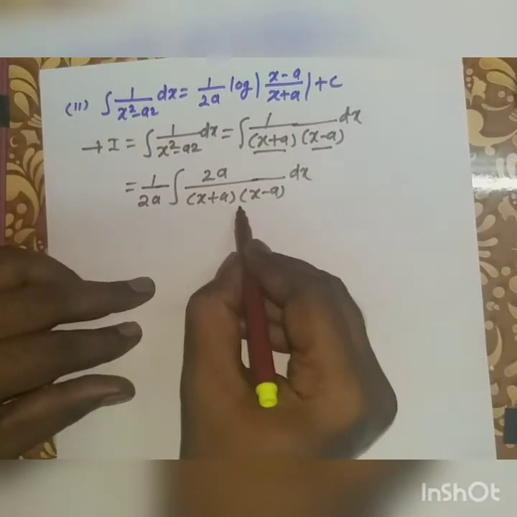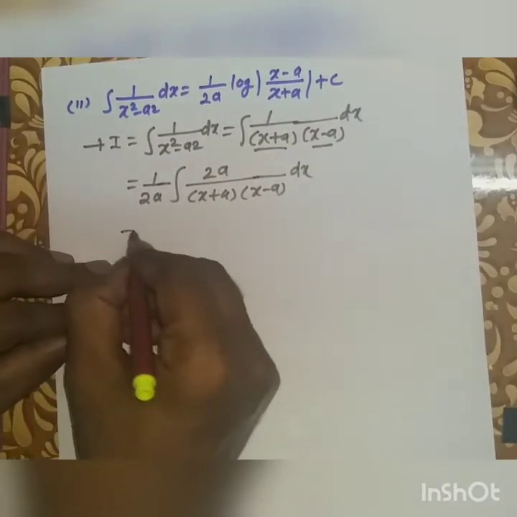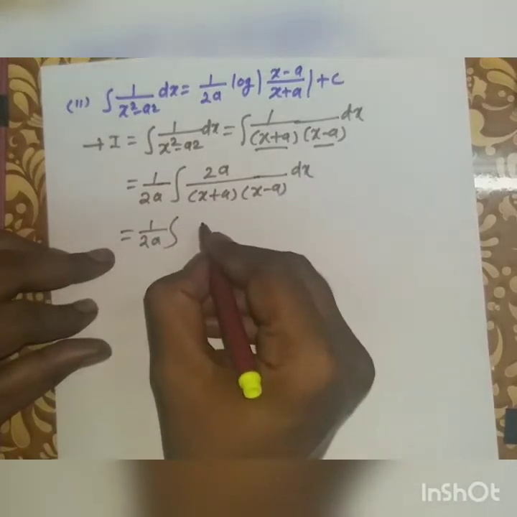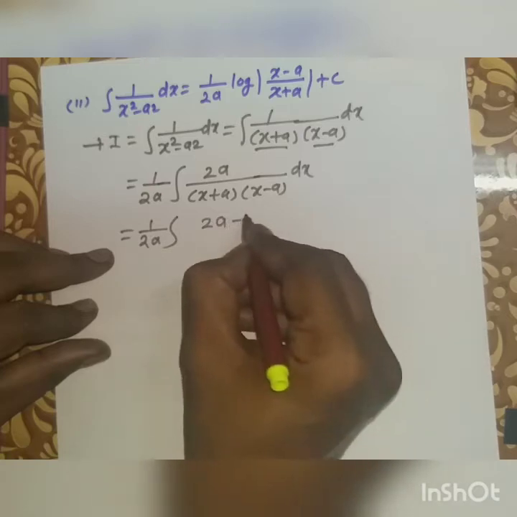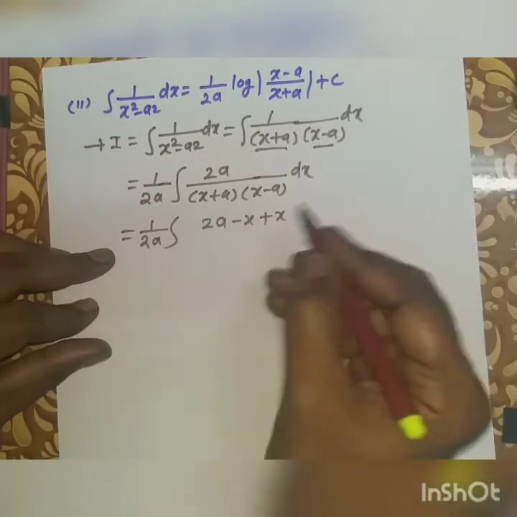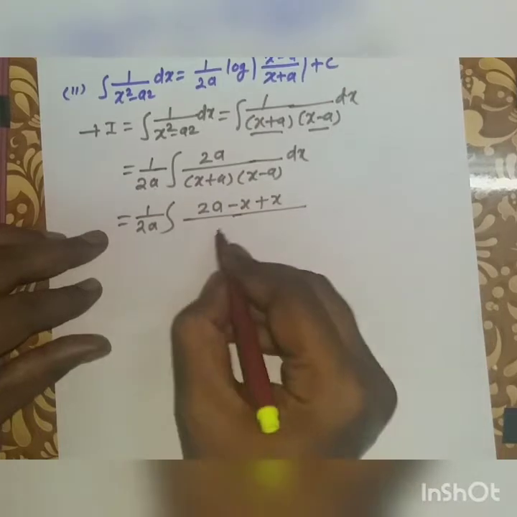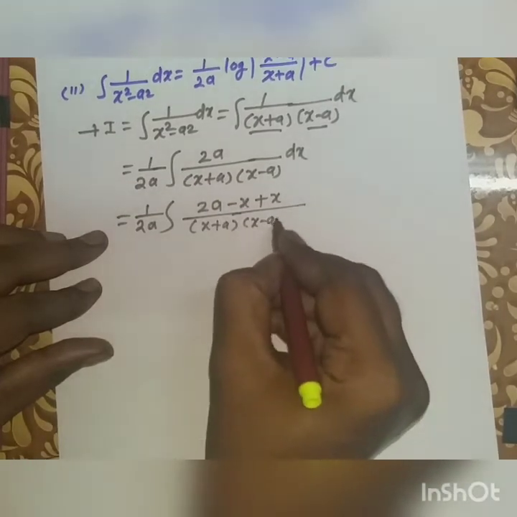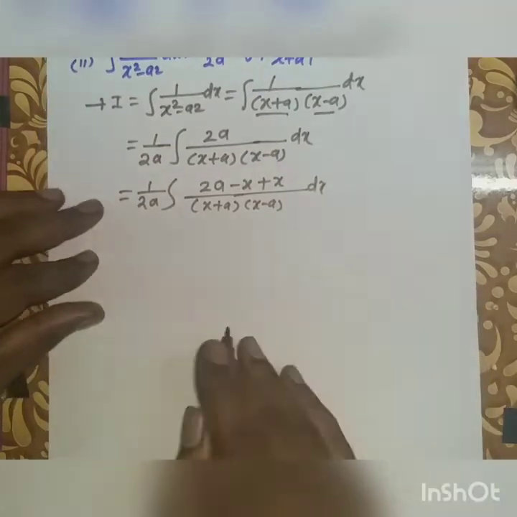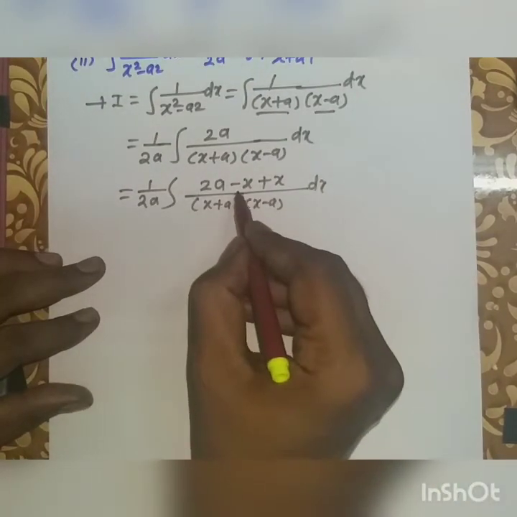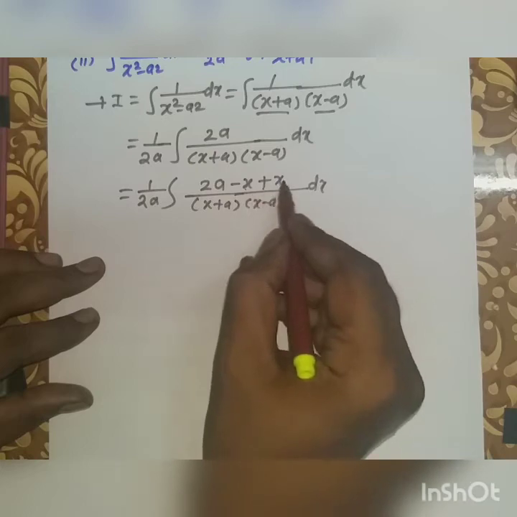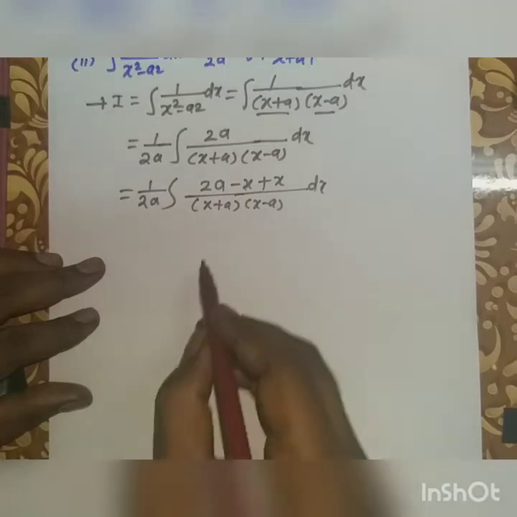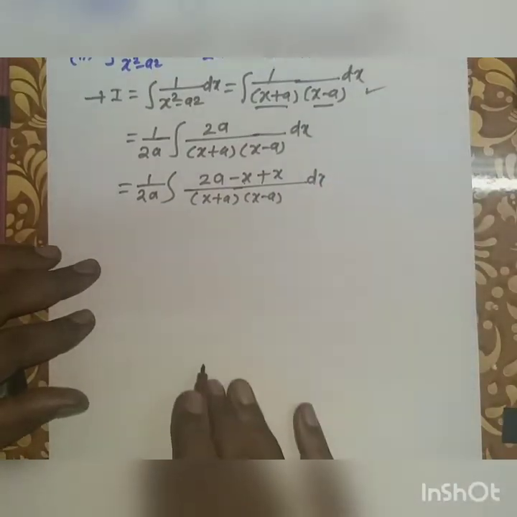But we want these two brackets in the numerator, then 1 divided by twice a integration of twice a minus x plus x whole divided by x plus a into x minus a dx. We subtract x and add x, the value does not change. This twice a cancels, then the left hand side is the same this way.